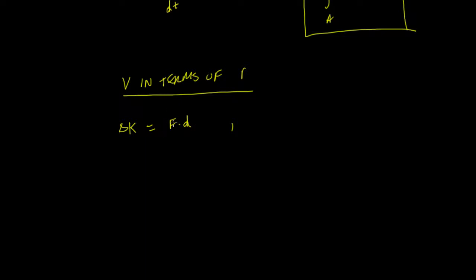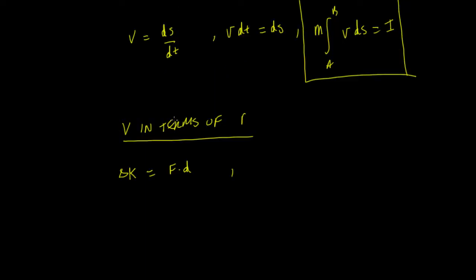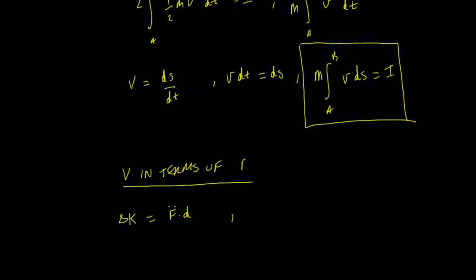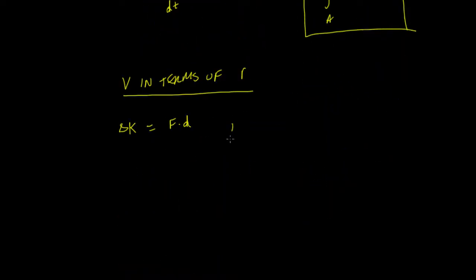In this instance the force is not a linear force. It's a non-linear force, given by m mu upon r squared. And of course the distance here is the distance r.